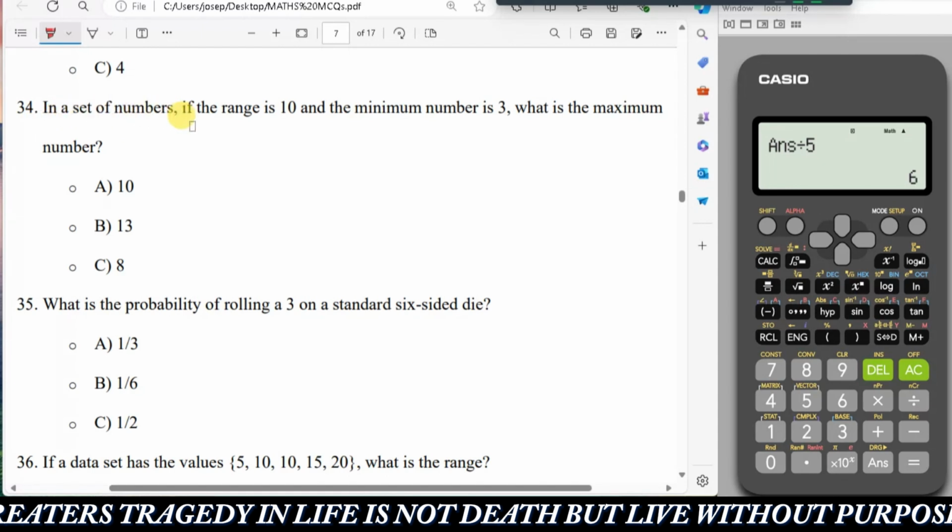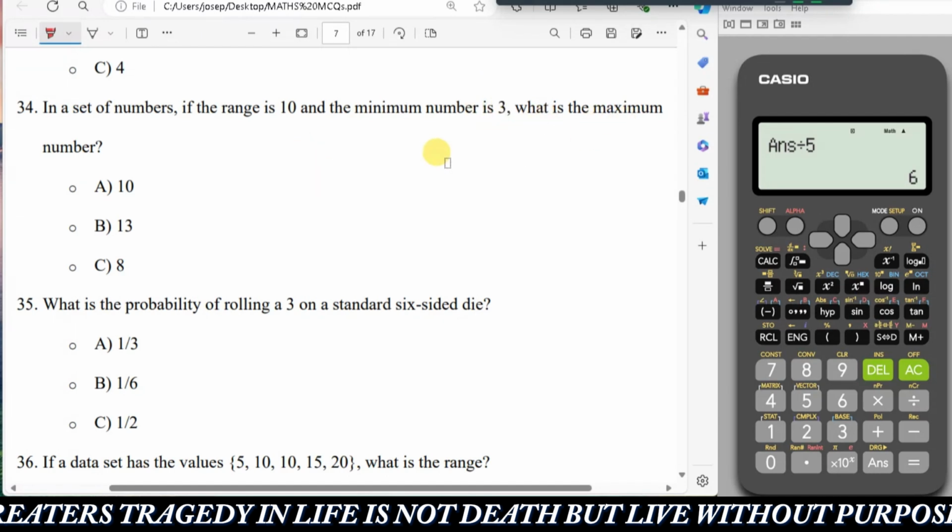Number 34. In a set of numbers, if the range is 10 and the minimum number is 3, what is the maximum number? When we talk about the range, it is the maximum number in the data set minus the least number. So the minimum number here is 3.